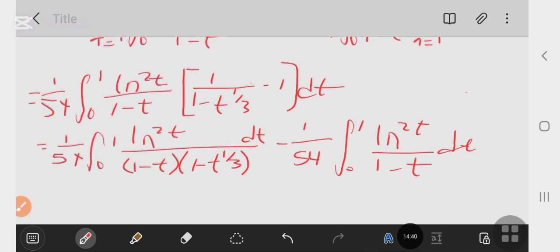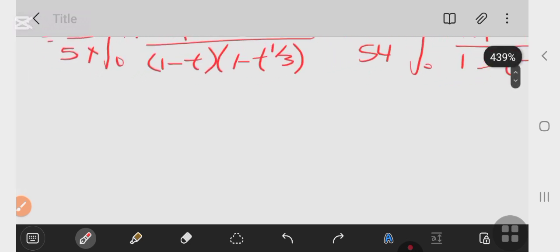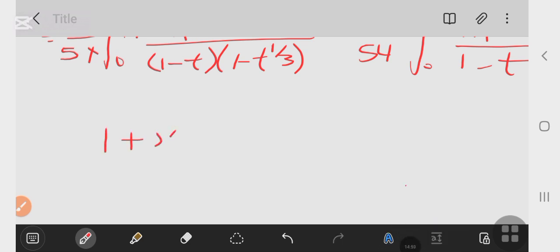Now for the first part, before I continue, let me evaluate this place here. We already know that from the sum of a GP, 1 plus x plus x squared is equivalent to 1 minus x to the power of 3 all over 1 minus x.